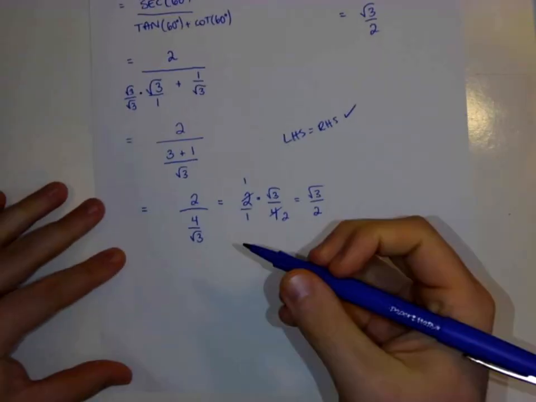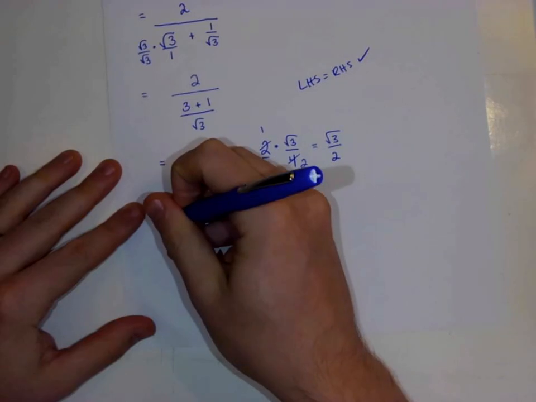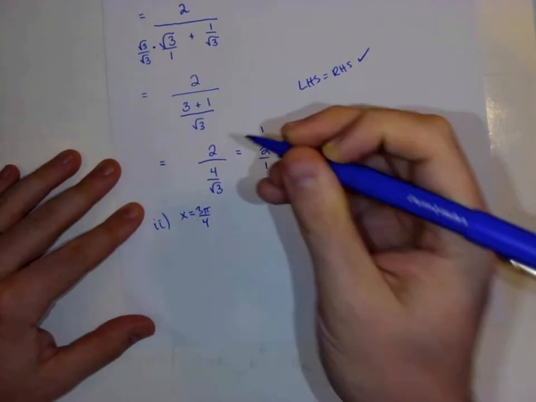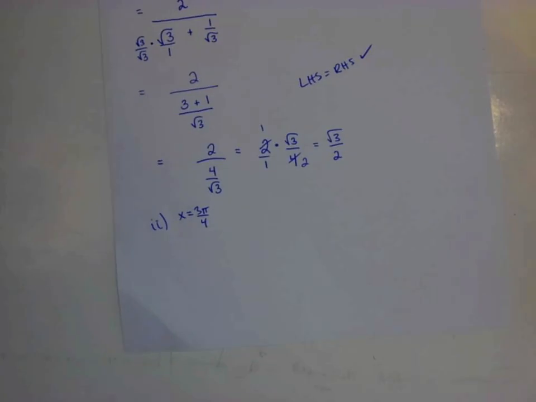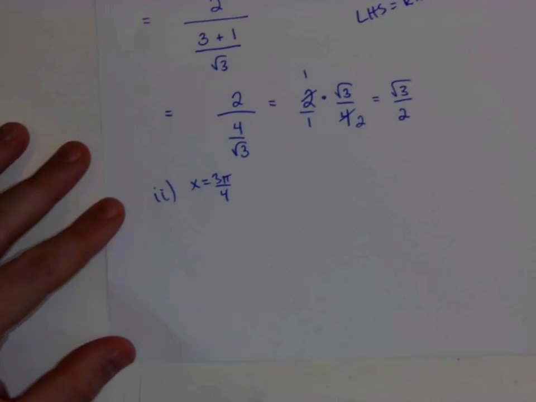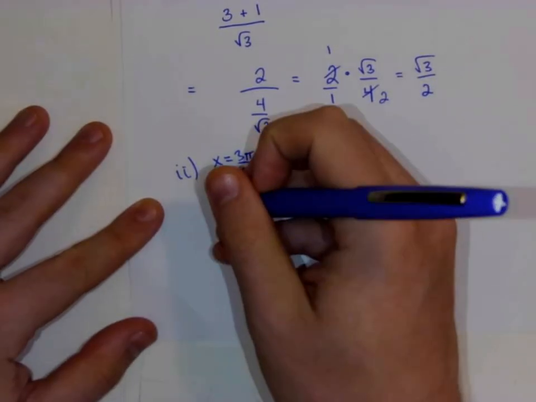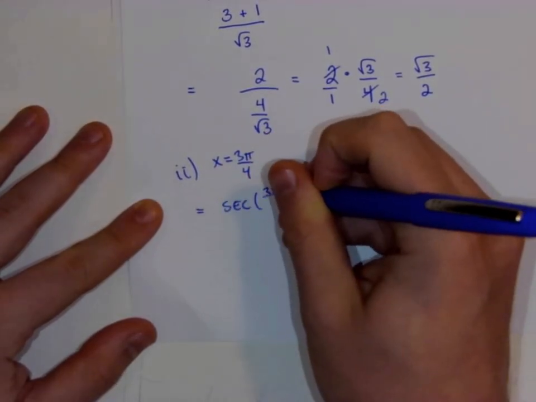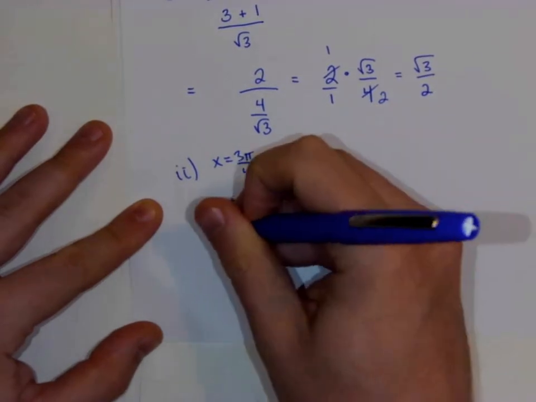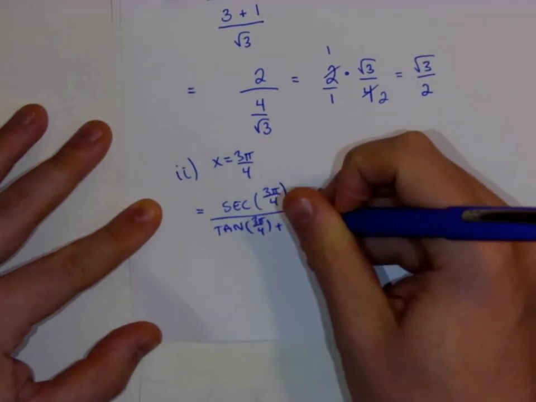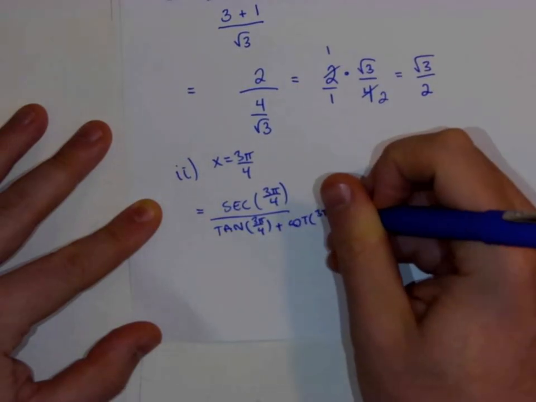I'm going to quickly write out here the exact same thing, except this time x is 3 pi over 4. So if I had to do the left-hand side, we're going to basically redo the question. On the left-hand side, we would end up with secant at 3 pi over 4 over tan at 3 pi over 4 plus cotan at 3 pi over 4.